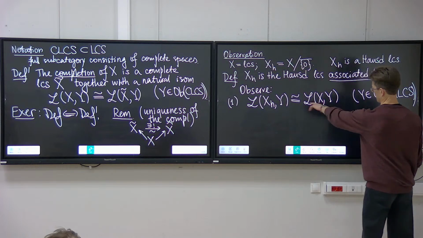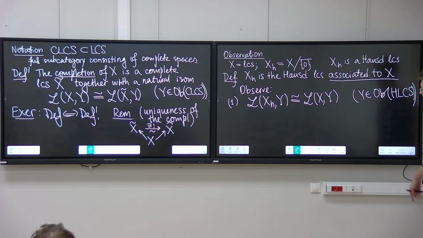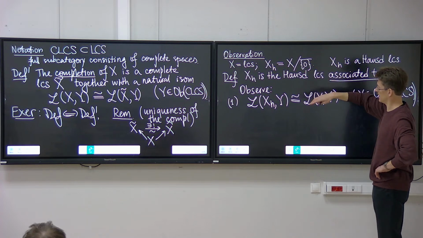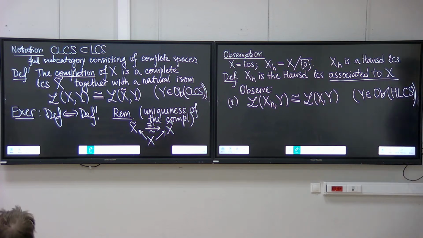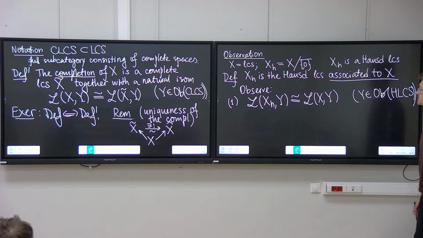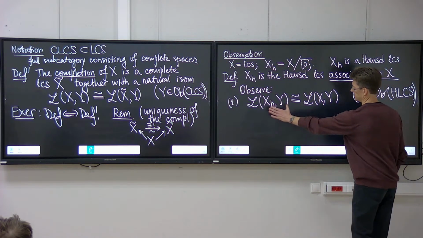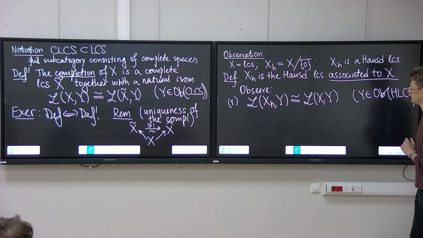Well, indeed, why is it true? If you have an arbitrary continuous linear map from X to Y, where Y is Hausdorff, then this map vanishes at 0, and by continuity and by the assumption that Y is Hausdorff, it vanishes on the closure of 0. And so it factorizes through the quotient of X modulo the closure of 0, and we get the map from here to here. And this is easily seen to be a one-to-one correspondence.